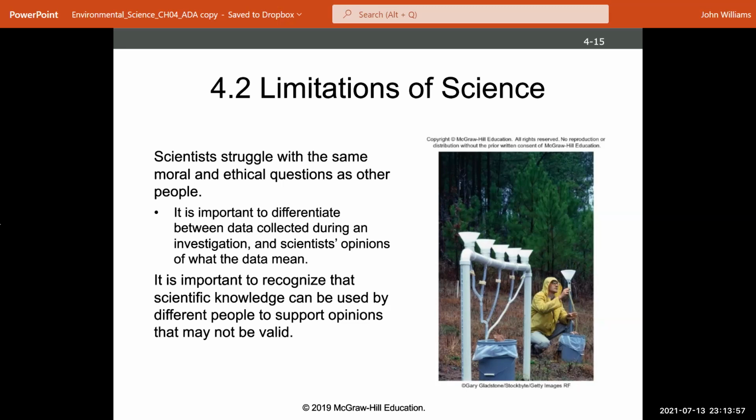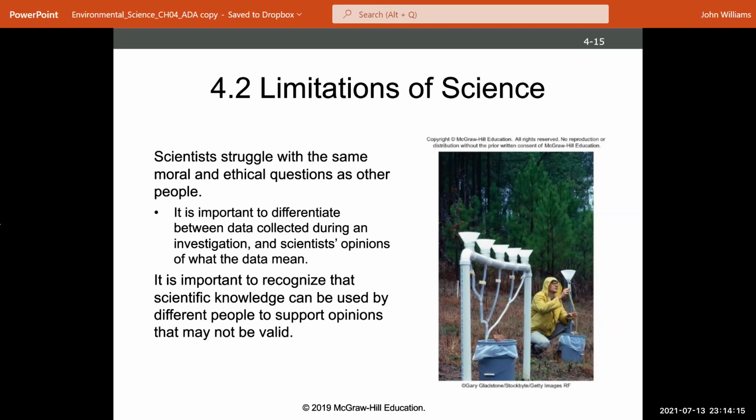So a scientist can collect results, but they will give you an interpretation of those results. That doesn't necessarily mean that that's a fact of how those results should be interpreted. Right? So they can be interpreted incorrectly.